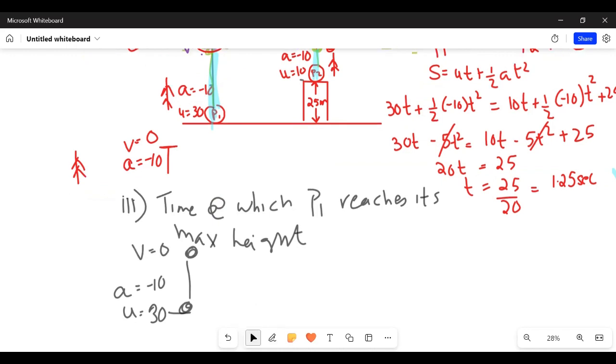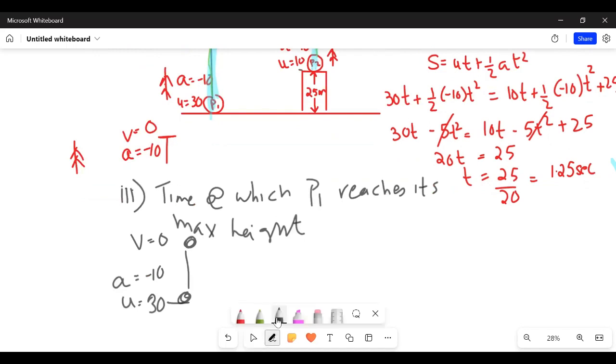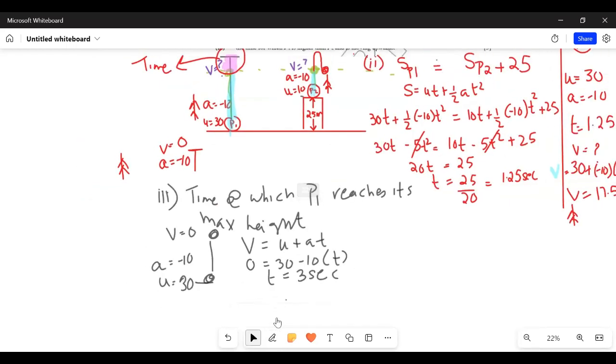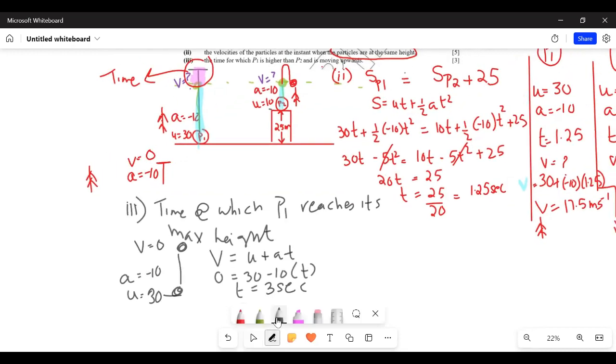So find the time from 30 to 0. That's going to be V is equals to U plus AT again. 0 equals 30 minus 10t, so t is 3 seconds. So that means at 3 seconds, the particle P1 goes from the ground to the top. So this takes 3 seconds.